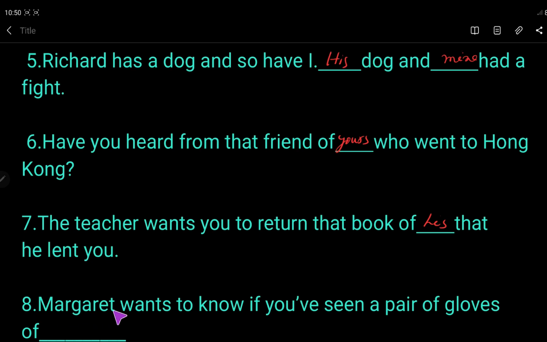Number 8, "Margaret wants to know if you have seen a pair of gloves of ___." After the blank there is nothing, so I told you that you will use a possessive pronoun blindly. So in place of Margaret we will use "hers."